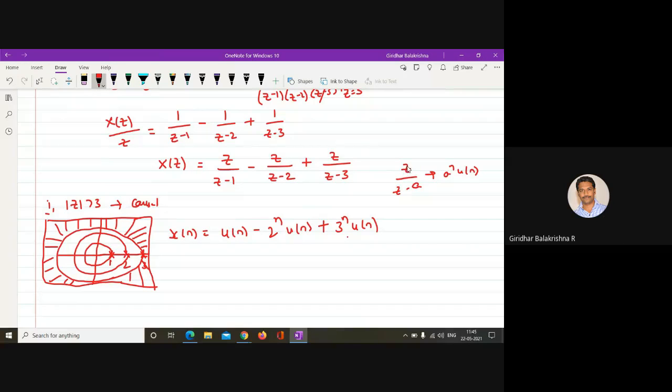So for causal system, if it is in the form of z by z minus a, its inverse z transform is a power n into u of n.